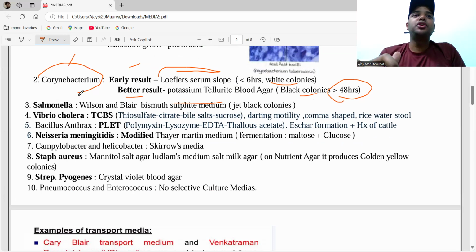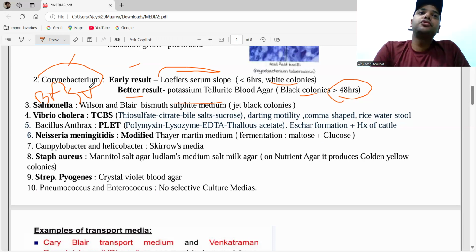One thing you need to remember about typhoid, guys, is the mnemonic BASU. So, for the diagnosis of typhoid, in the first week, you have to do the blood culture.